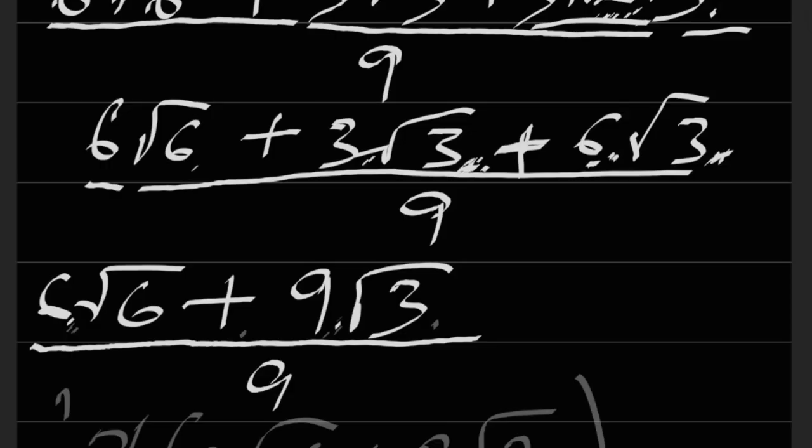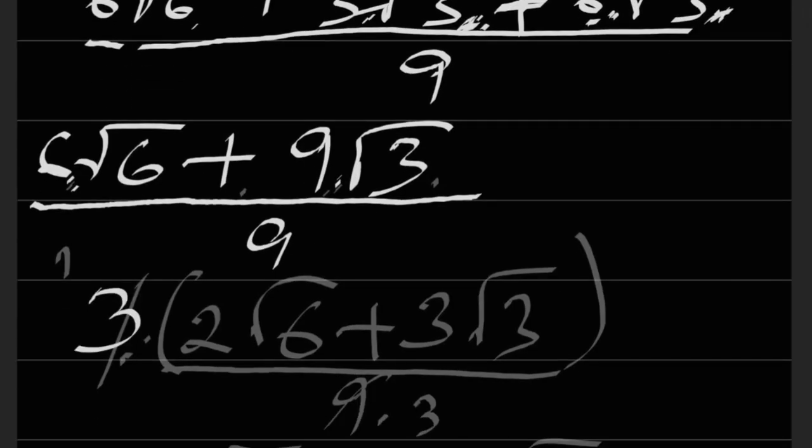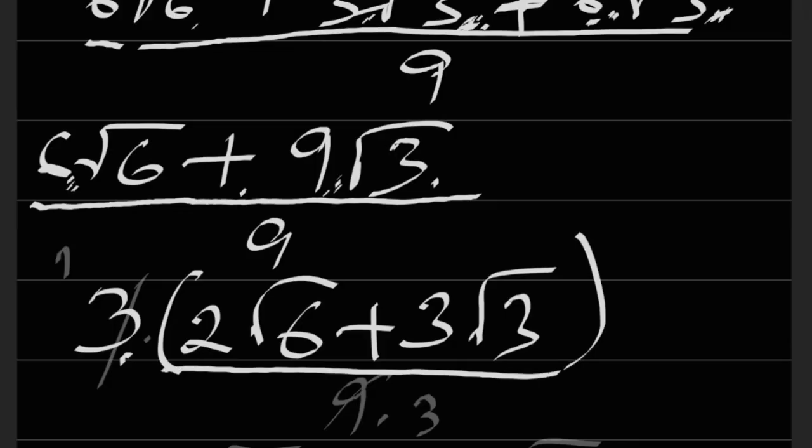3 is common here and here. So if you factor out 3, open bracket, 3 into 6 is 2 root 6. Here is our plus. 3 will go into 9 3 times, and this is our root 3 here, all over 9.